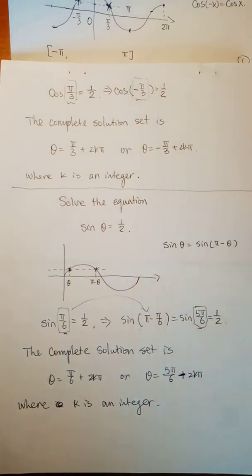Okay, so that's the computation for the sine and the cosine, the simple one, right?